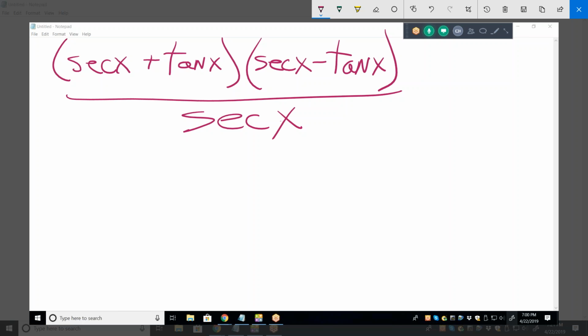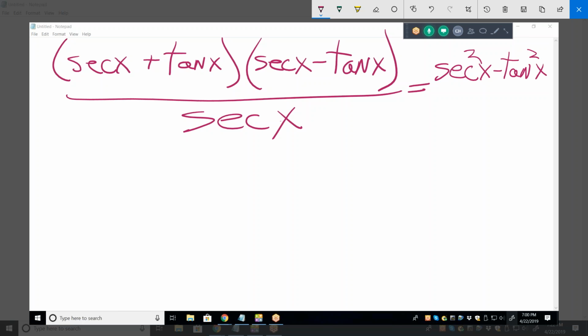Good one, because we're not going to solve this by converting it to sines and cosines. We could, but there happens to be an easier way. If you multiply the two numerators together, notice you're looking at the difference of squares. So that becomes secant squared x minus tangent squared x.